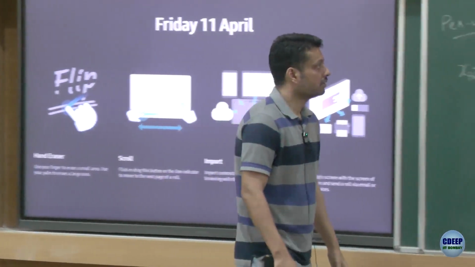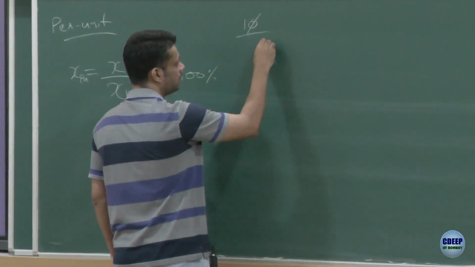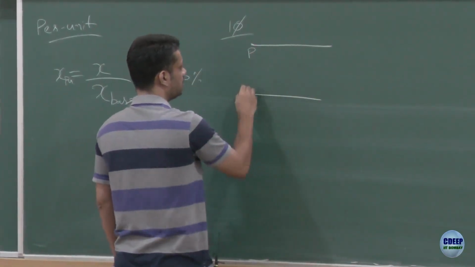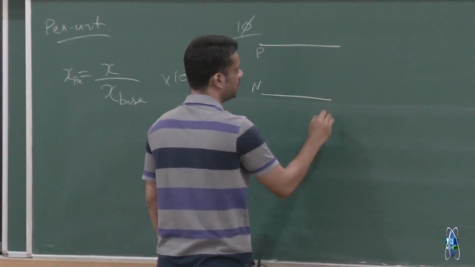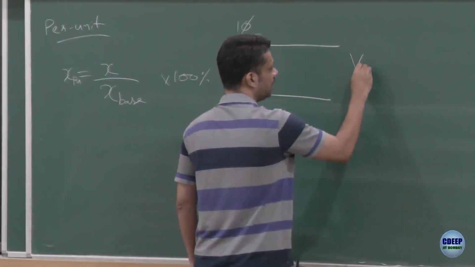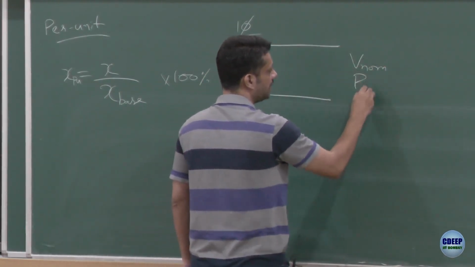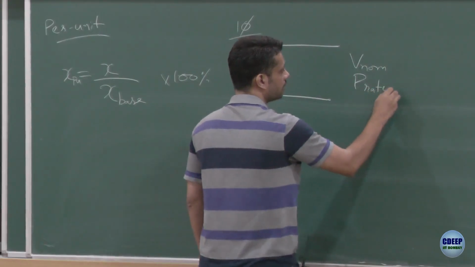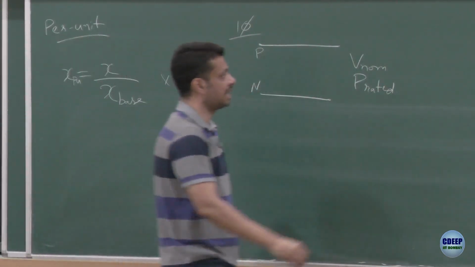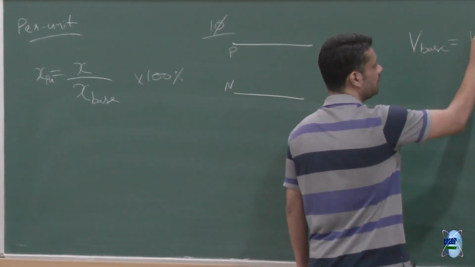So if it's a single phase to neutral system, where the nominal voltage is V nominal and the power is S rated, you define the bases as: V base is nothing but V nominal.